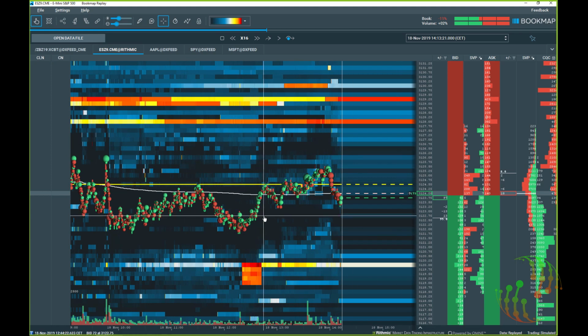Bigger liquidity is better, but if you want to trade CL, for example, or NQ, then it's good to know what is happening here, but it is much harder to follow the numbers. It jumps. You learn NQ, you can imagine. If something happens here, it jumps 10 price levels up and then immediately 10 price levels down.